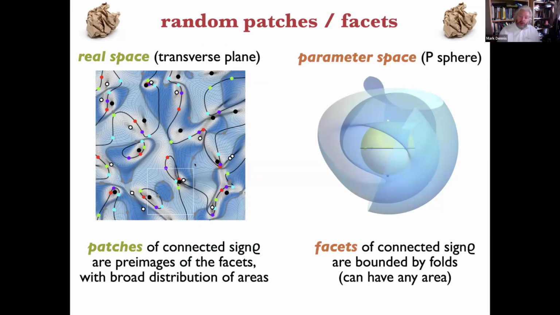And if you look at what that looks like in the plane here, that facet is actually this pre-image of a facet, which we call a patch, and then the fold line pre-image we call a crease, and you can see these three cusps here have these points that map to the cusp that we call a pleat. So we have patches mapping to facets, creases mapping to folds, and pleats mapping to cusps.